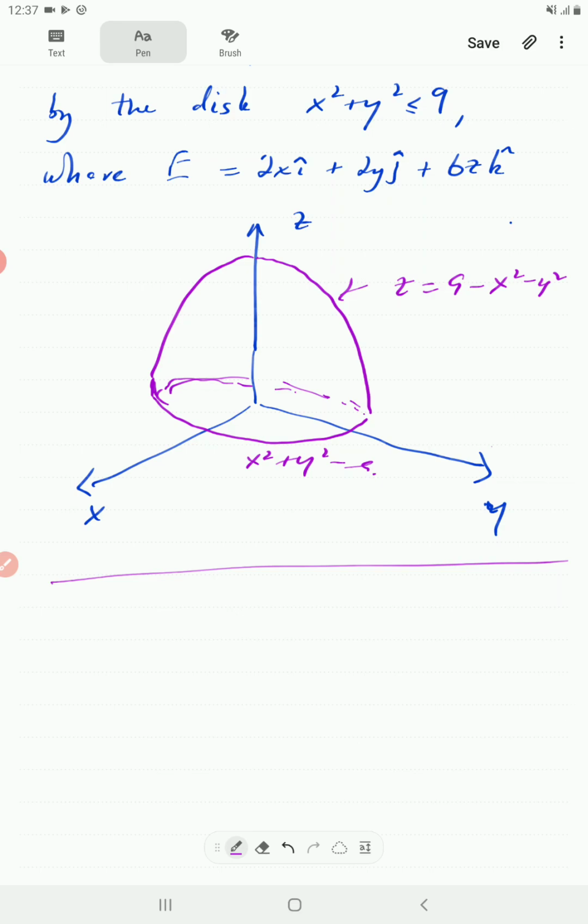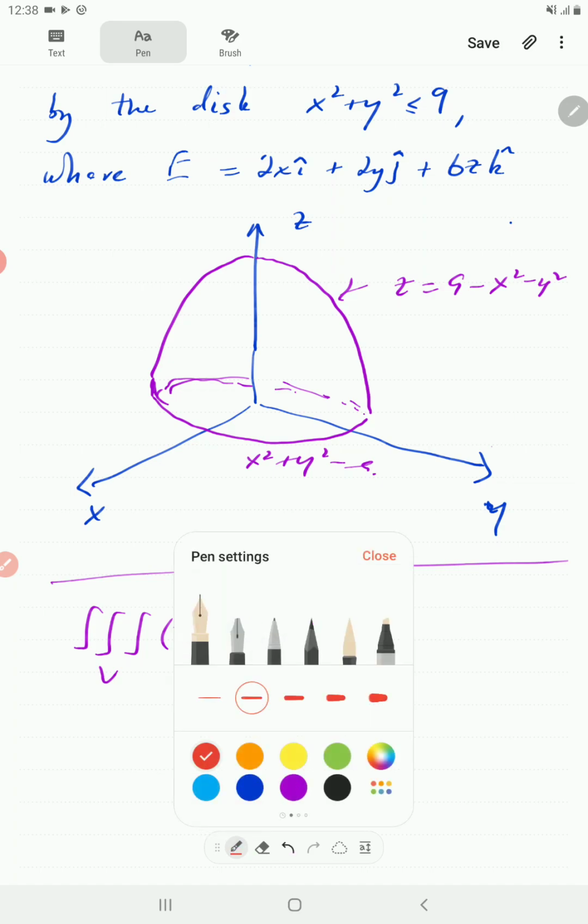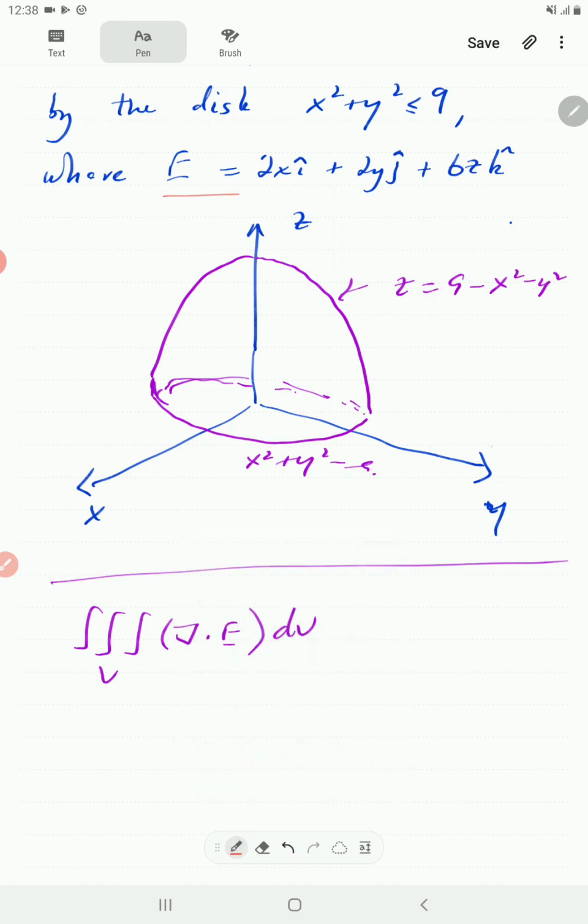Okay, but we're going to start with the triple integral side of things. So the triple integral of the divergence of f dV. Now, we are going to start with working out the divergence of f.